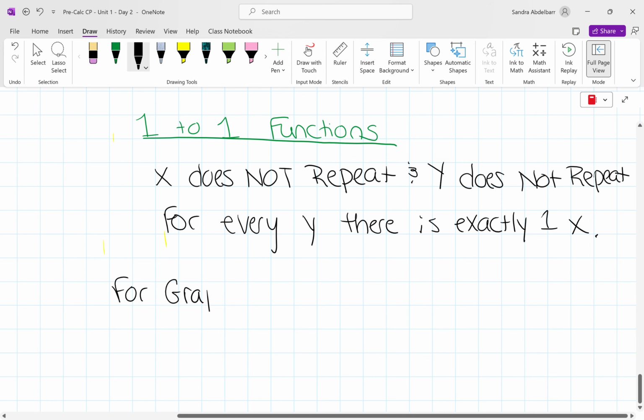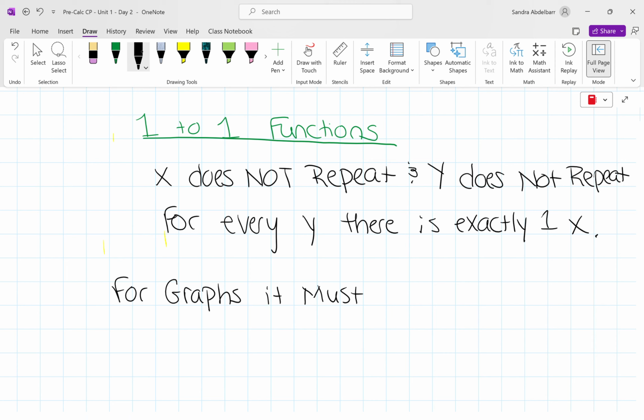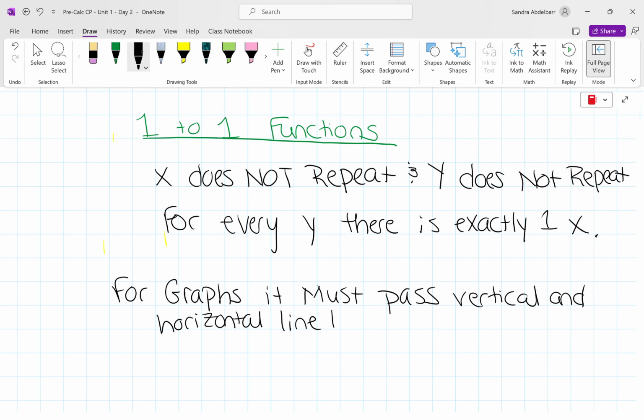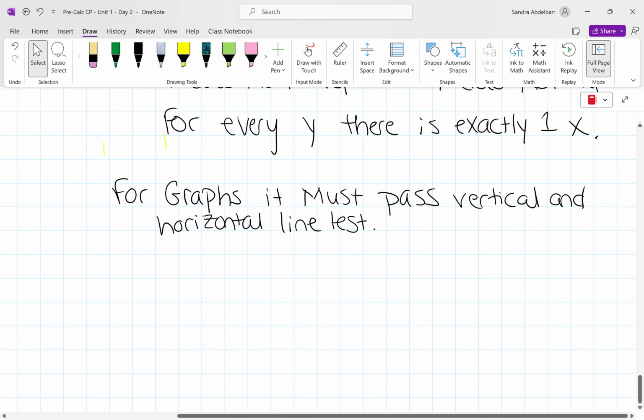So this is one-to-one. For graphs, it must pass vertical and horizontal line test.